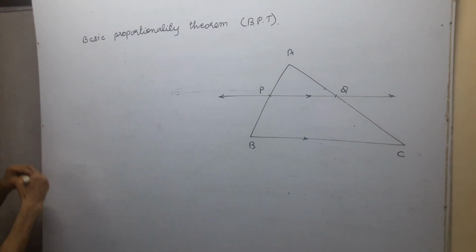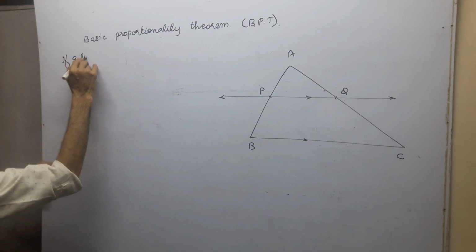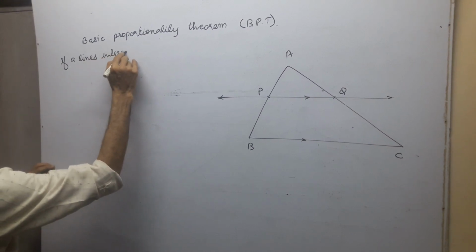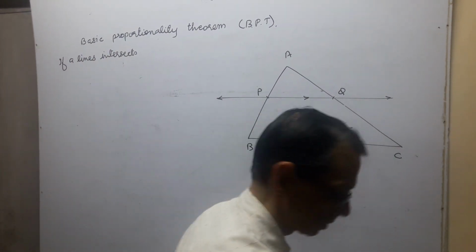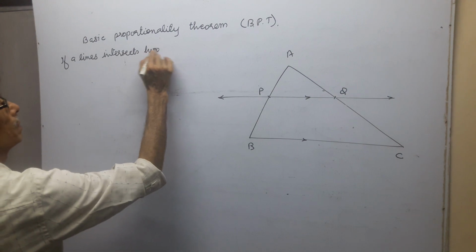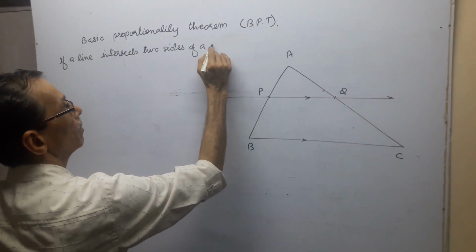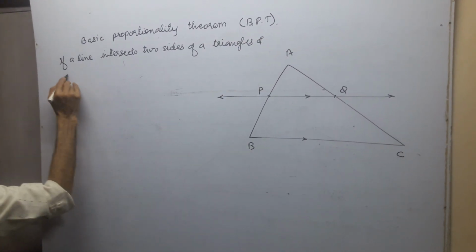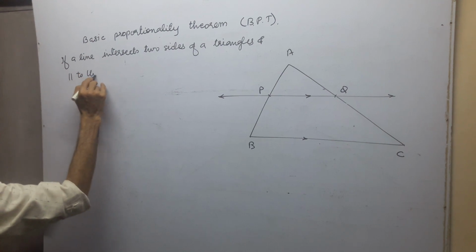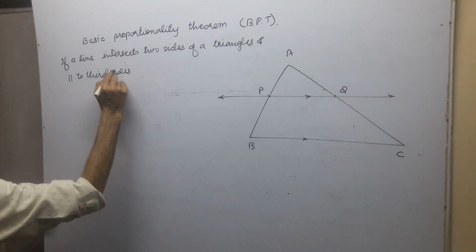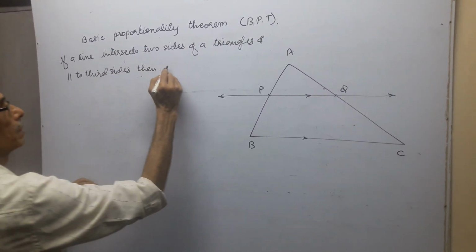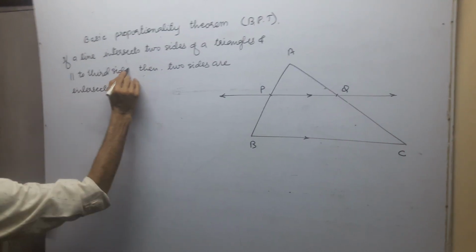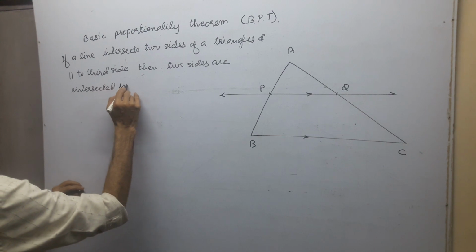Now the theorem is: if a line intersects two sides of a triangle and is parallel to the third side, then the two sides are intersected in the same ratio.